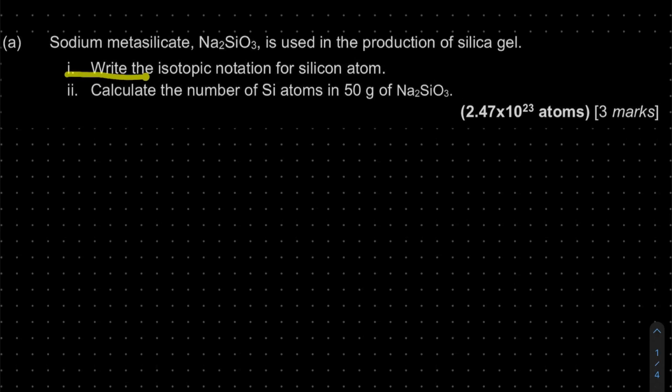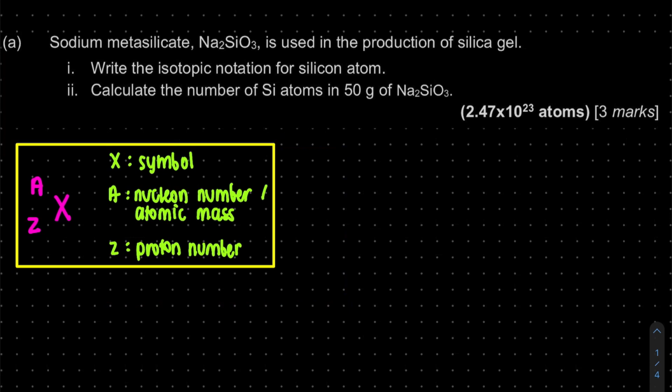Number 1, write the isotopic notation for silicon atom. So what is actually isotopic notation? Isotopic notation is actually how you write down your atom with the proton number and the nucleon number itself. So how do we write it down? Here we have your X. X is your symbol.